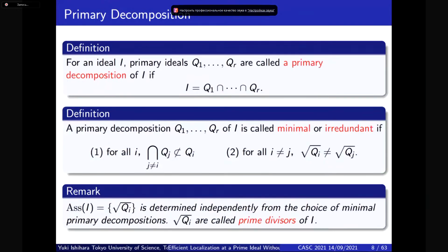For an arbitrary ideal I, we can consider the primary decomposition of I, like this. We can express I as the intersection of primary ideals Q1, ..., Qr. This is a generalization of factorization of polynomials.